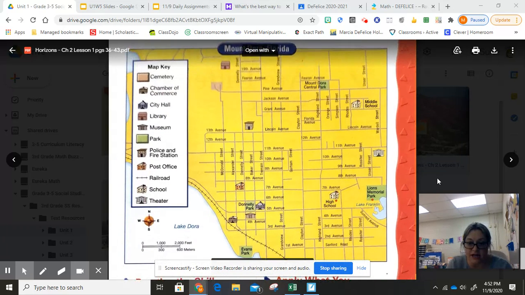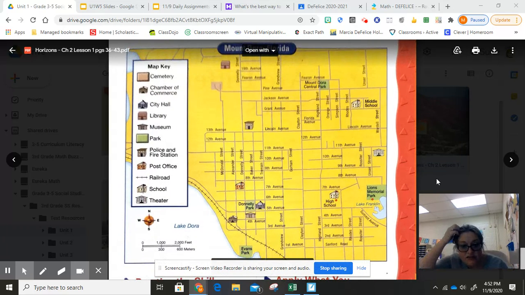So let's come back down here. On the map, let's find the high school. Okay, I see it, it's right there. If you look in your map key, you'll see that the school is like a little white building with the little dark windows with the flag out front. And right underneath it, it says high school on it.